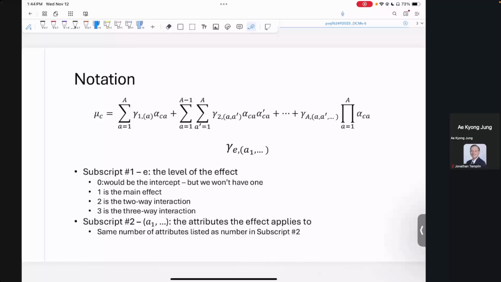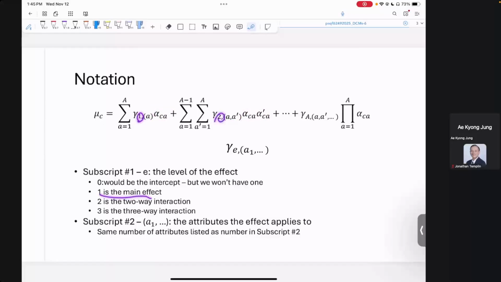This is the log linear model. We are modeling this mu C, which is the log of epsilon C. This equation is very familiar to you because it's similar to the log linear LCDM model. This is the main effect of an attribute. This is the two-way interaction effect between two attributes. So if it is 1, then it's a main effect.